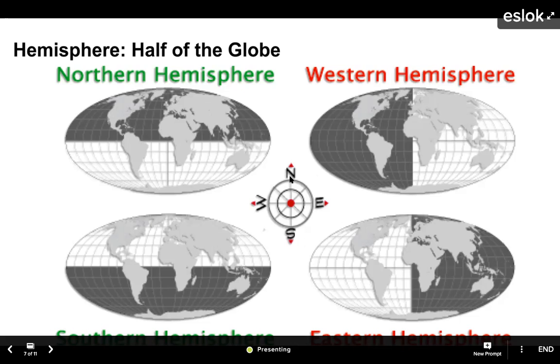Understanding these directions is going to be critical to what we're going to be talking about today. So make sure that we understand exactly which way they're pointing towards. So north is obviously up, south down, east is going to be to our right, and west is going to be to our left. And then again, this is going to play into what we're going to be talking about. To understand that this is a hemisphere, half of the globe.